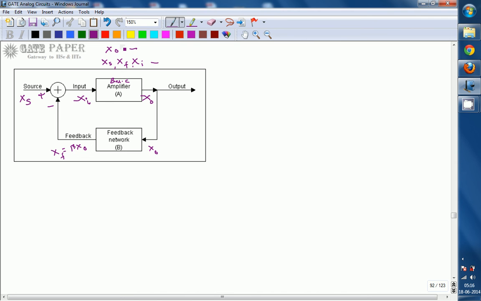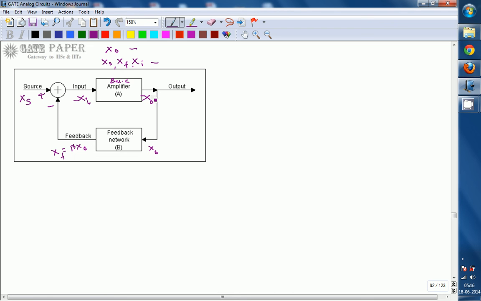XS, XF, Xi can also be either voltage or current, and these three must be of the same quantity, because only then can they be mixed. If some are voltages and some are currents, you cannot mix them. So XS, XF, Xi must be of the same category, and X0 can be of the same or a different category, it doesn't matter.